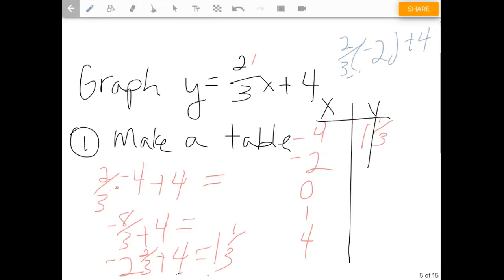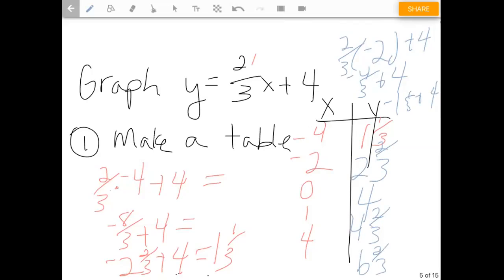Well, that's negative 4/3, which is negative 1 1/3, plus 4, which is 2 2/3. 0 is easy. 2/3 times 0 plus 4 is 4. For 1, 2/3 times 1 is 2/3, plus 4 would be 4 2/3. And then 4 would be 2/3 times 4 plus 4, which is 6 2/3.